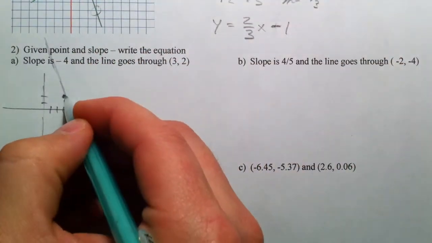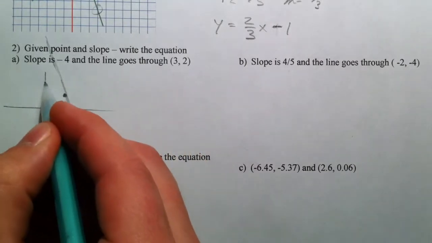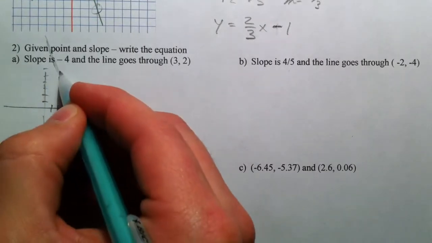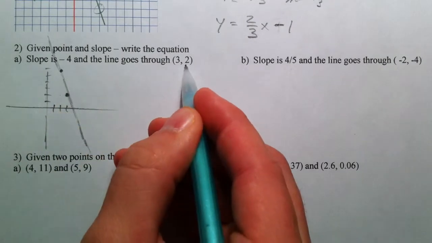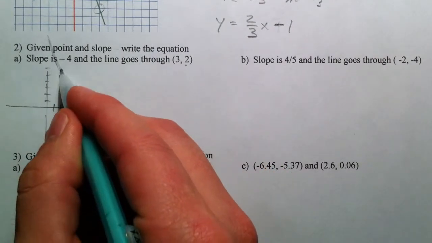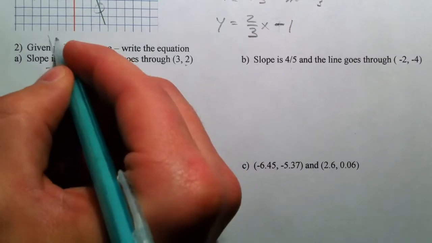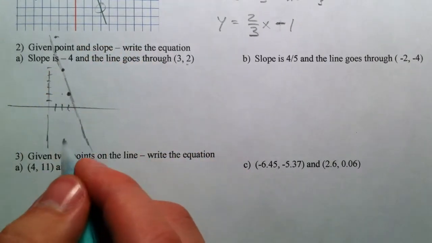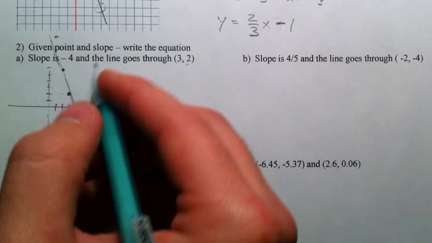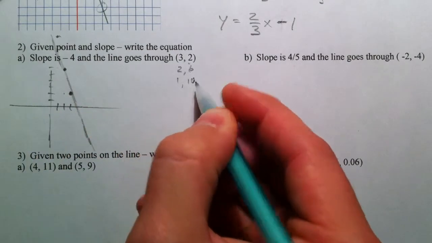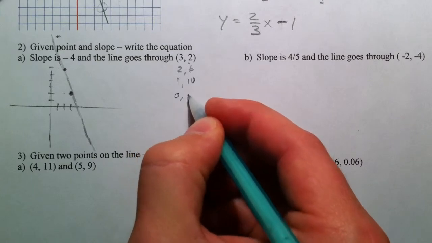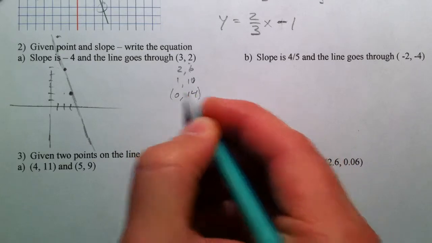That means it's going to go up 4, 1, 2, 3, 4, and over 1. And then we'll be at 2, and if you add 4 to your y that we had before, 2, 6. Add 4 again, we'll be at 1, 10. Add 4 again, we'll be at 0, 14.